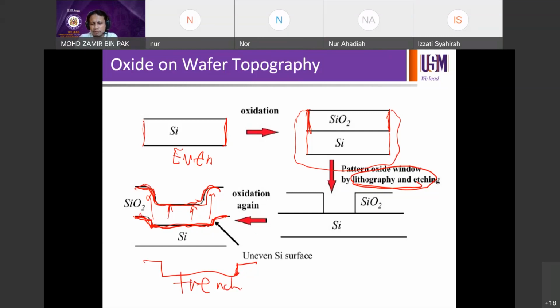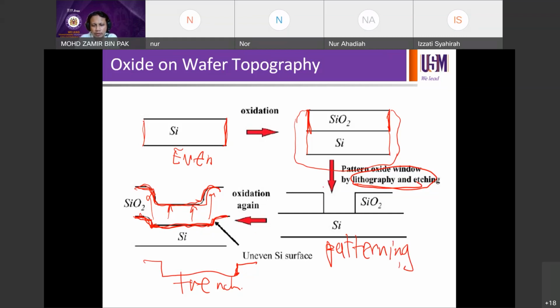To be able to get this kind of trench structure, you need to do patterning first. But you don't have to worry about that yet because patterning will be our next topic. You're going to pattern it.